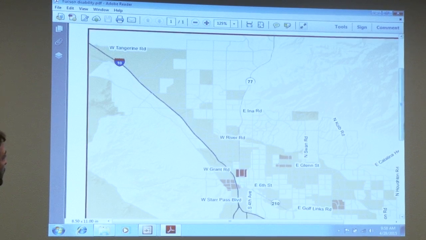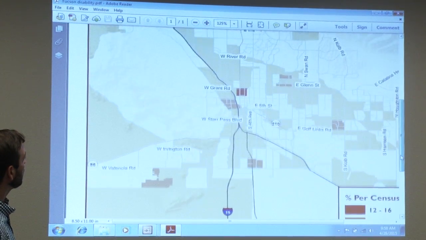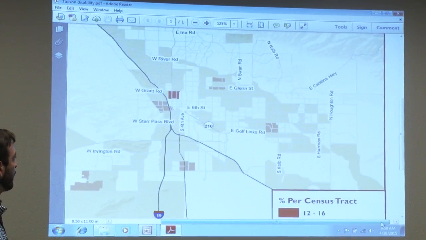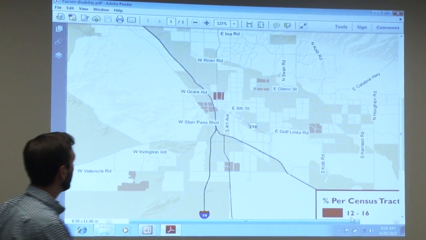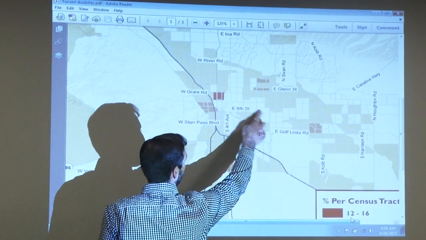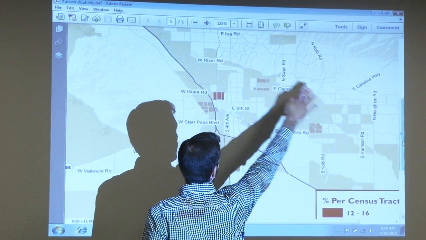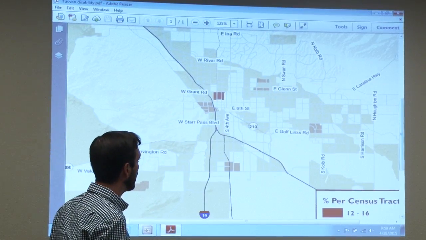What I think is interesting about this map, and if you were to look at some of the other maps and data that we have in the AI, is that the lightest area has the smallest percentage of persons with disabilities. And you can see the foothills. Everyone knows that's a higher income area.